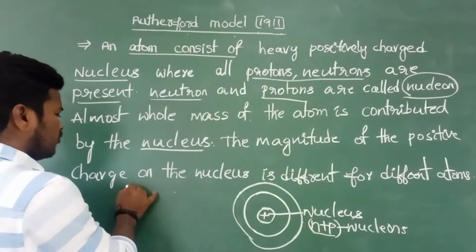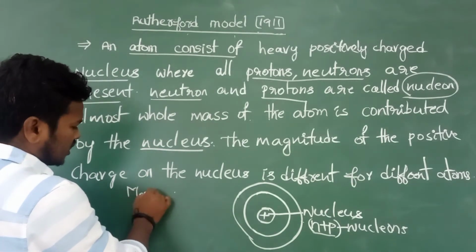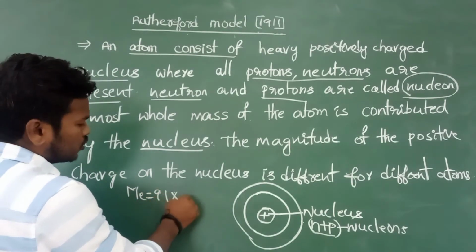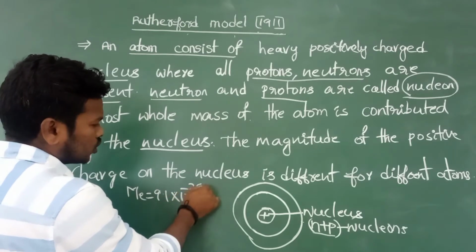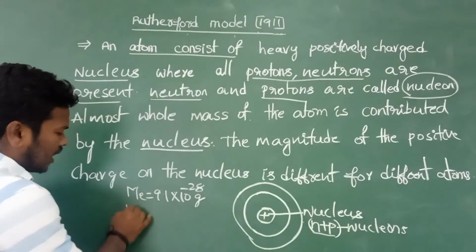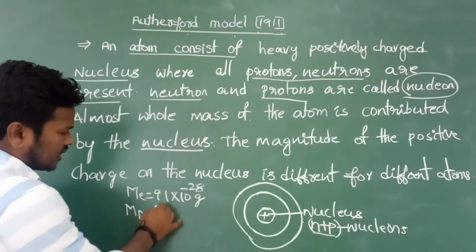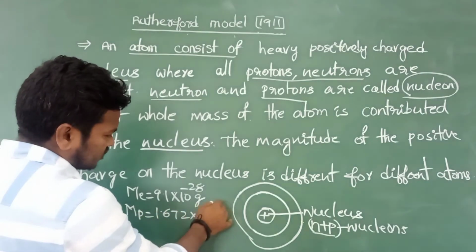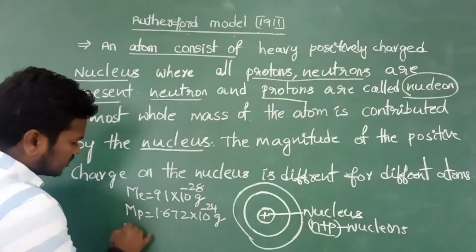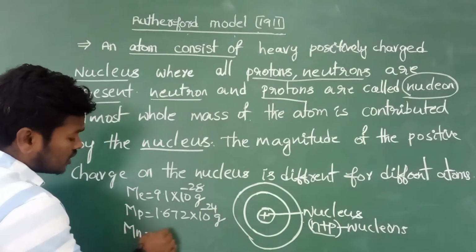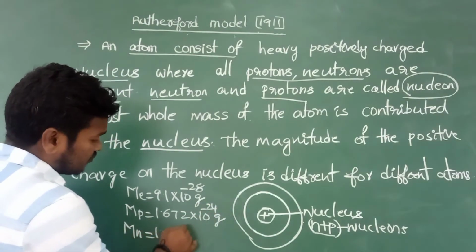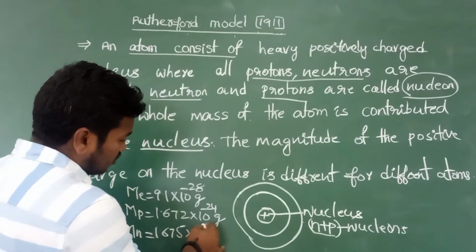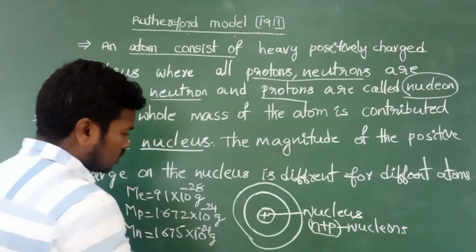For example, the mass of the electron is 9.1 × 10^-28 grams. The mass of the proton is 1.672 × 10^-24 grams. The mass of the neutron is 1.675 × 10^-24 grams.